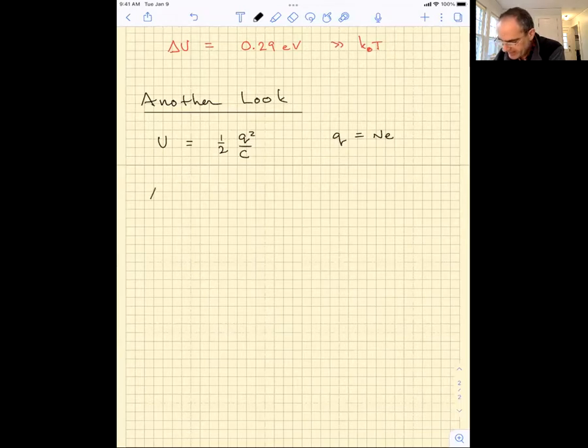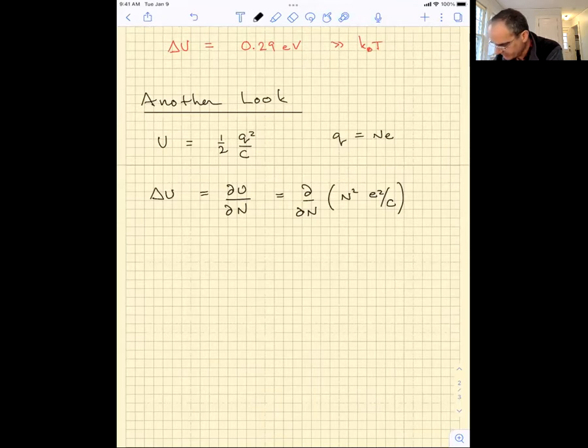In any event, the change in the energy when we bring in one more electron is nothing more than the derivative of U with respect to N times the change in N, which would just be 1 in this case. So this is the derivative with respect to N of N squared times e squared over 2C, which, I'm sorry, I forgot the factor of 1/2, there we are, which of course is super straightforward: N e squared over C.